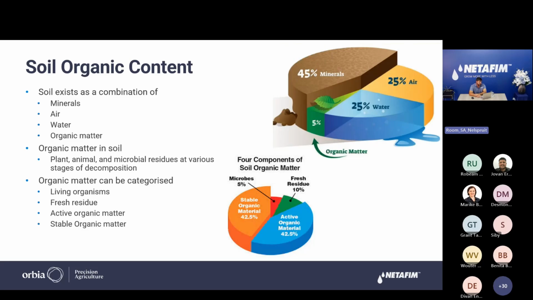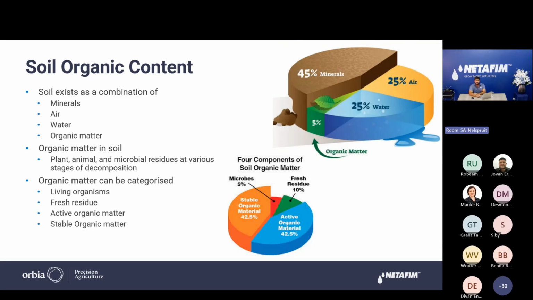Organic matter can be categorized as living organisms, fresh residues, active organic matter, and stable organic matter. So living organisms, we know what they do. They're mycorrhiza, they are all the little creepy crawlies, earthworms, things like that that make up the organic matter. Fresh residues would be fresh leaf litter, not yet broken down.